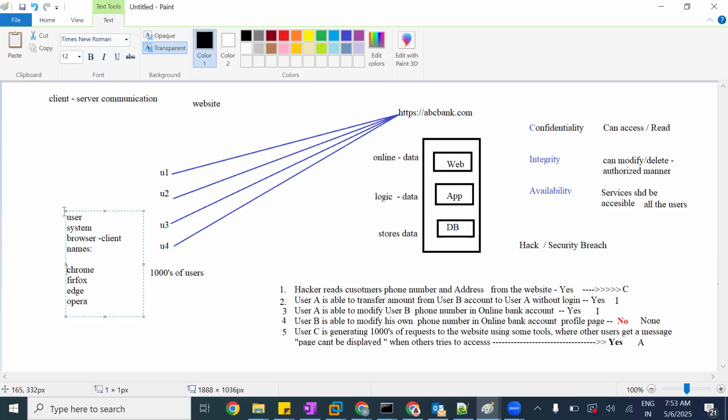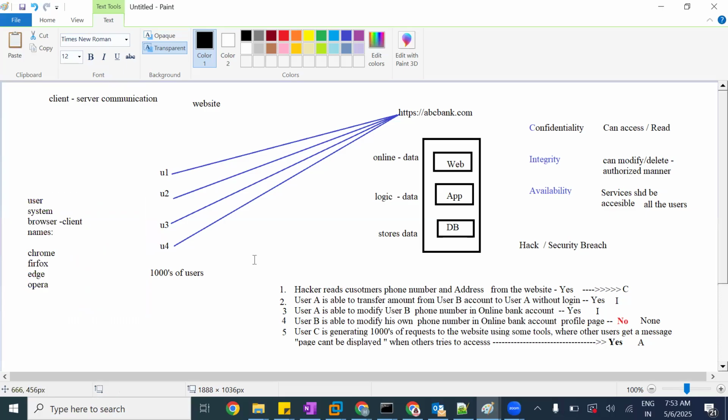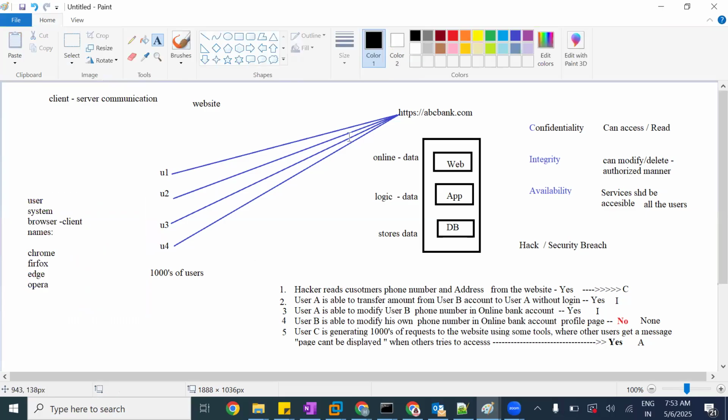Client sends a request to the server and server will give a response to the client. That's called client server communication. But how are they communicating? Do they understand any language? As a human, you guys can understand the language of English and you are able to understand whatever I am trying to convey, right?